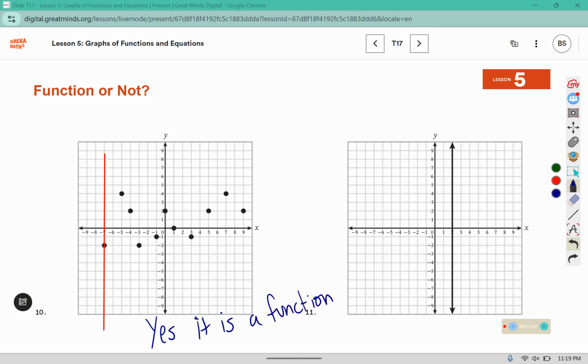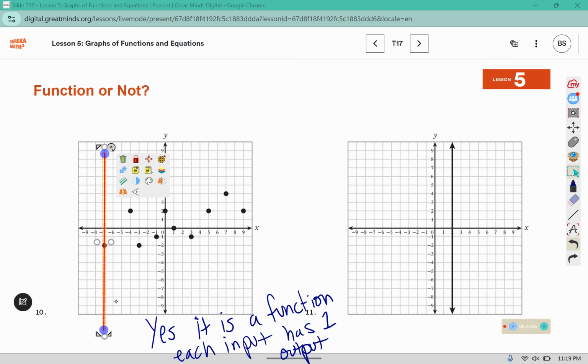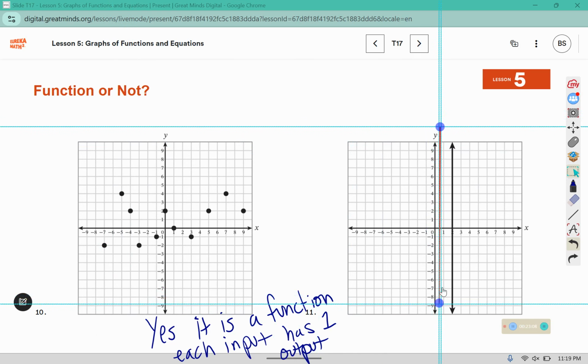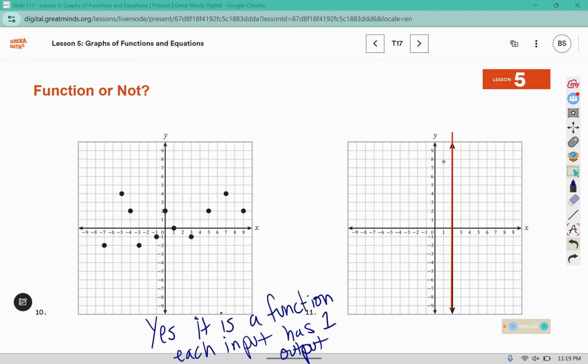Each input has exactly one output. Over here, you can see that it's touching at more than one location. So this is not a function.